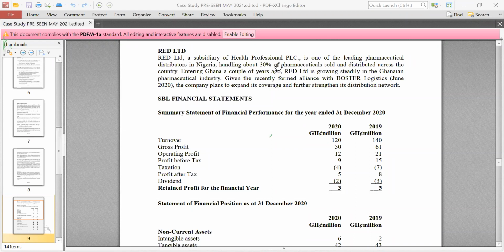Basically, the overheads of purchases, or the fixed costs. So usually the difference between the gross turnover and the gross profit is mainly the cost they use in producing and making the goods available to sell. So that's the cost of sales.